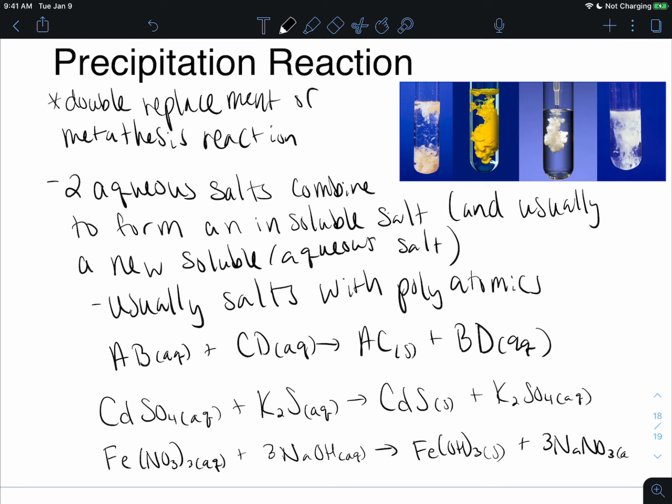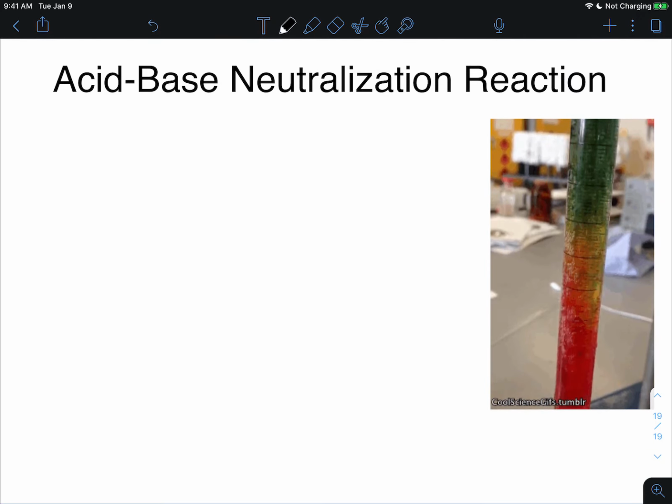Please note that there is no transfer of electrons in here like we saw with the redox reaction. We're just what we consider switching partners. So that's basically all that's happening here. Last reaction I want to look at is an acid-base neutralization reaction. So we have an acid reacting with a base to produce a neutral substance, a salt and water.